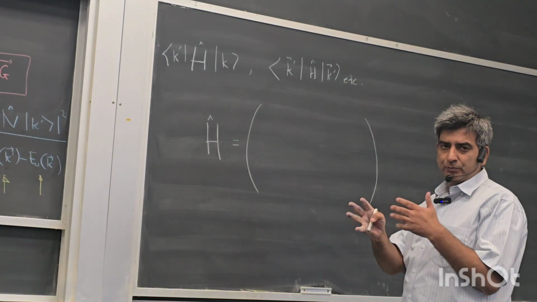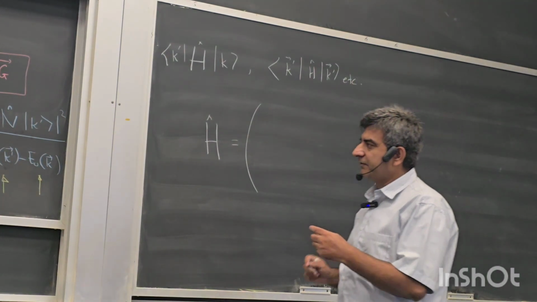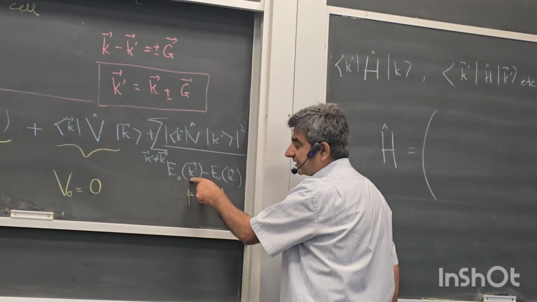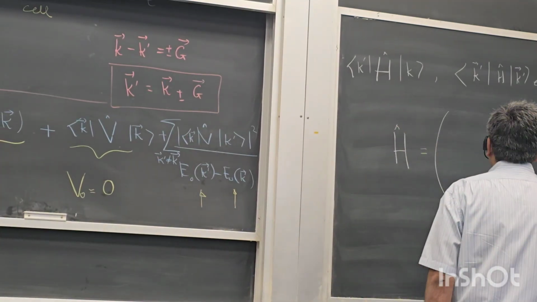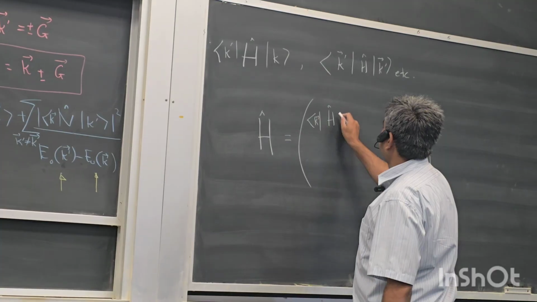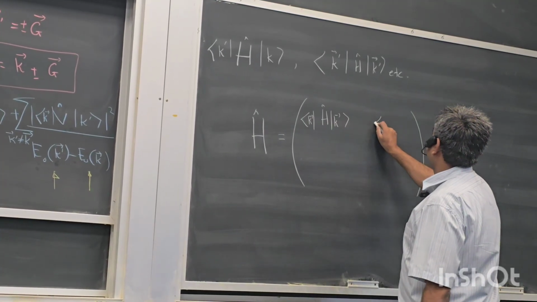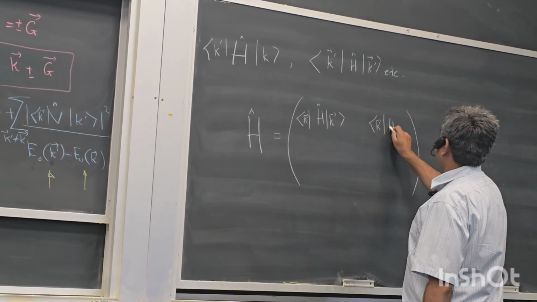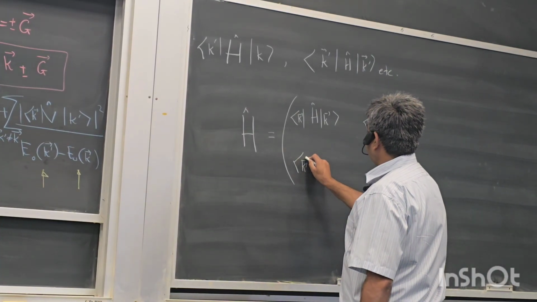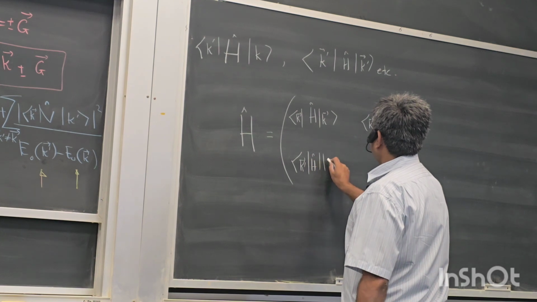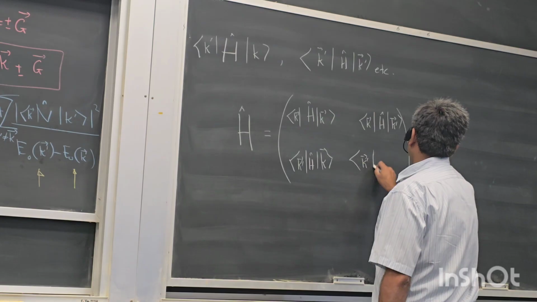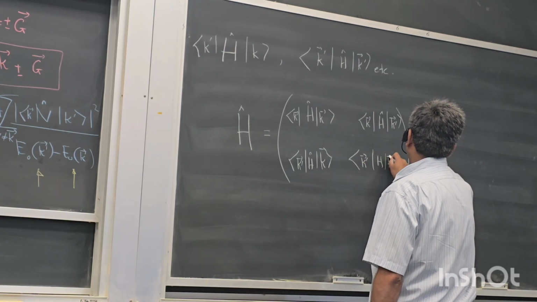Consider two states because we're looking at the difference between two wave vectors k and k prime. So at this location, let's write k H k. Here let's write k H k prime, then k prime H k, and k prime H k prime.